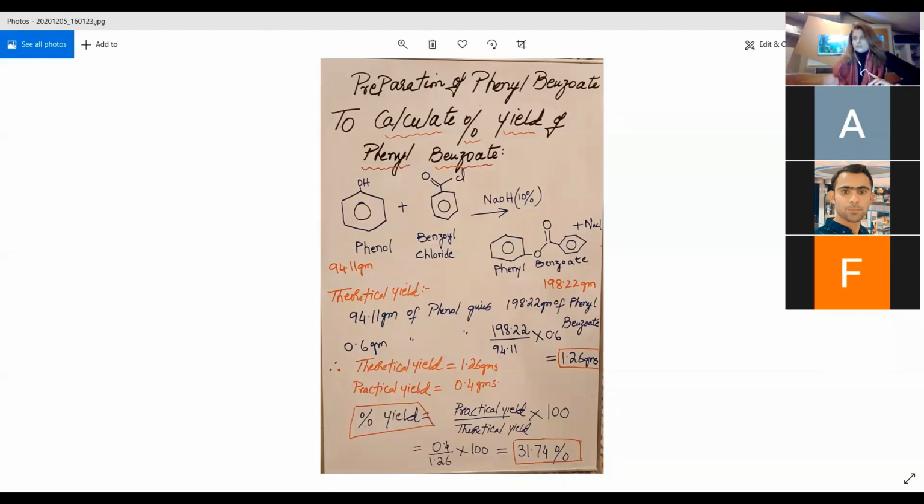After recrystallization, your compound gets purer. So is there any effect on your compound? Does your melting point get higher, remain the same, or get lower? That also depends sometimes.